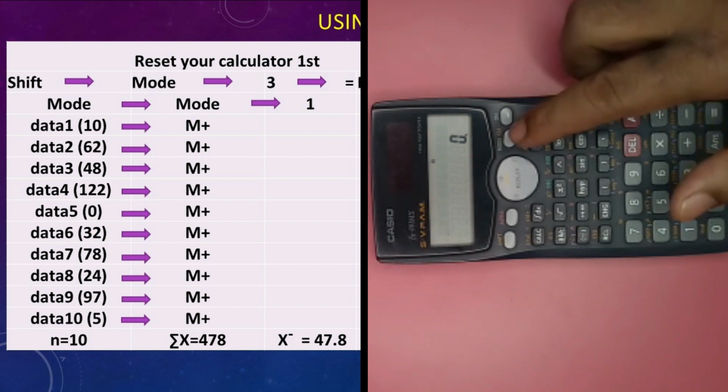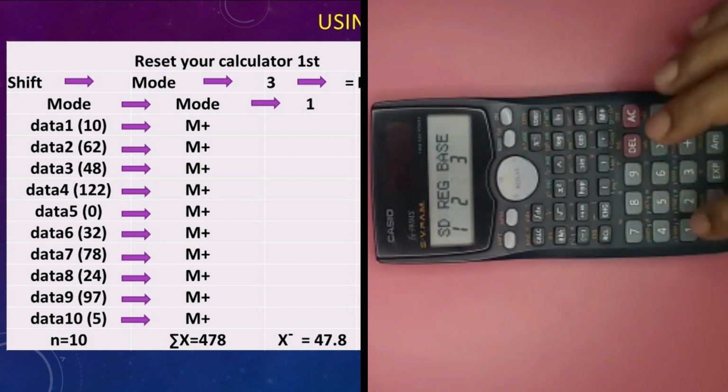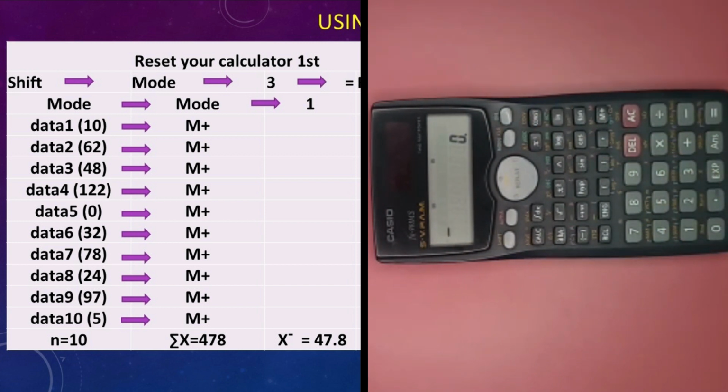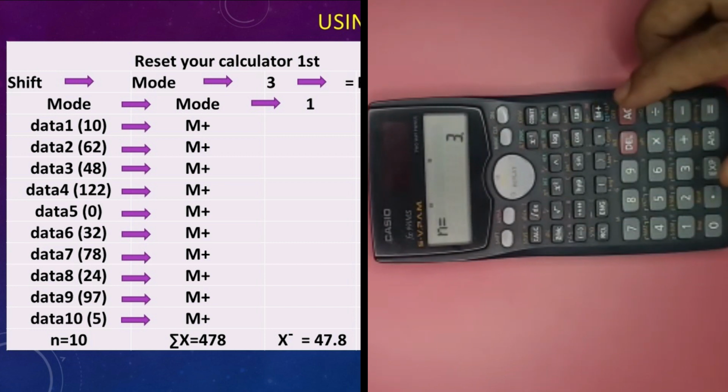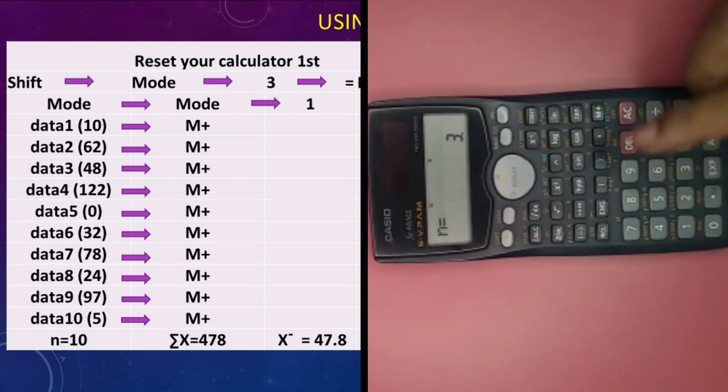Now click on mode 1, then SD will appear on the screen, then click on the data followed by M plus. Now 10 M plus, 62 M plus, 48 M plus. Number of data will show n is equal to 3.